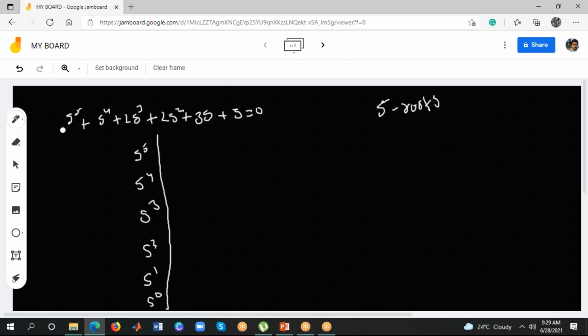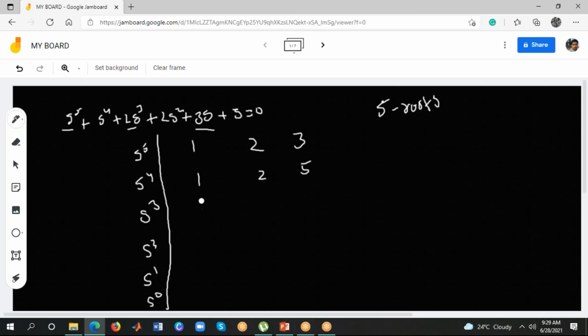The s power 5 row is 1, 2, 3, because s5 is odd, so we construct it with respect to the odd coefficients: 1, 2, 3. And the s power 4 row you will get 1, 2, 5.